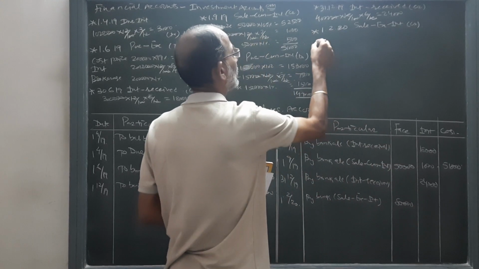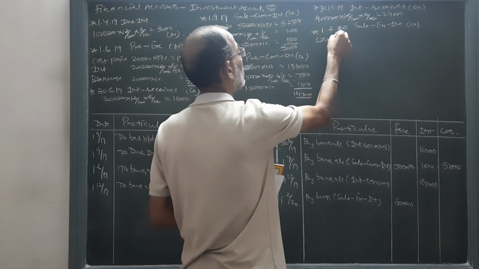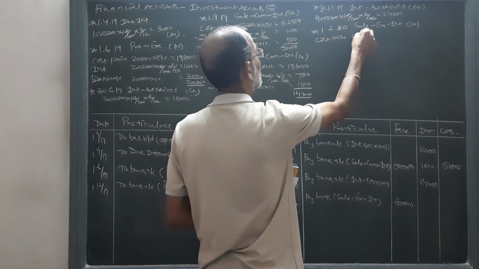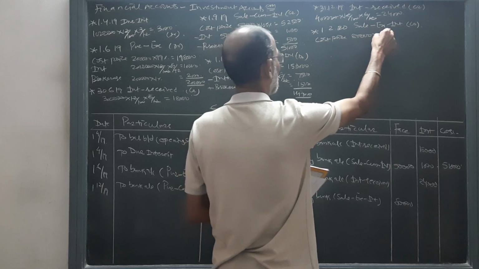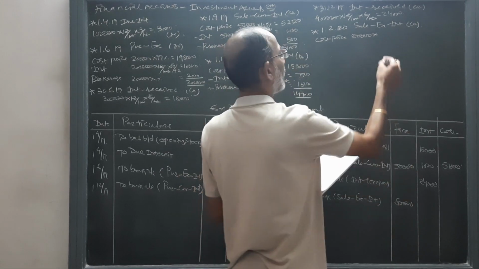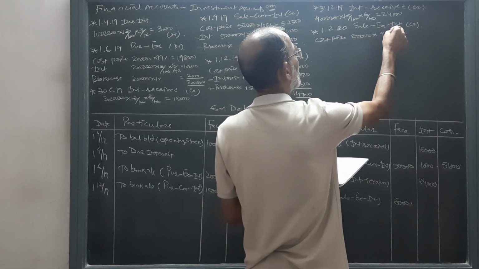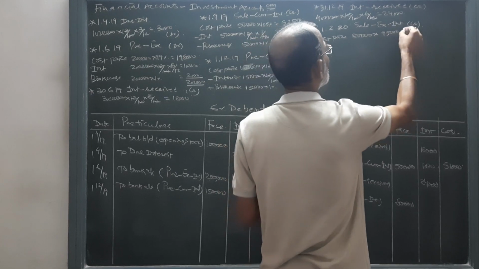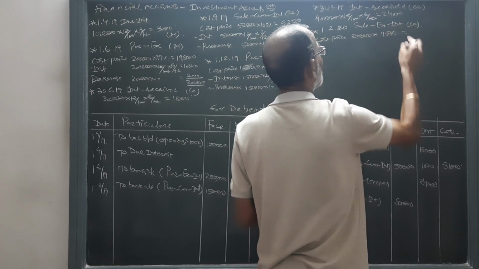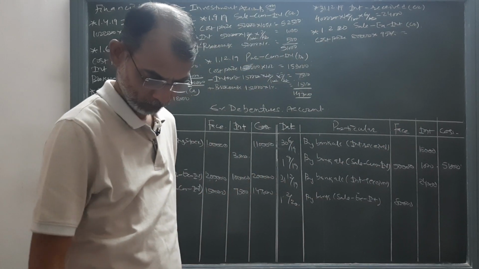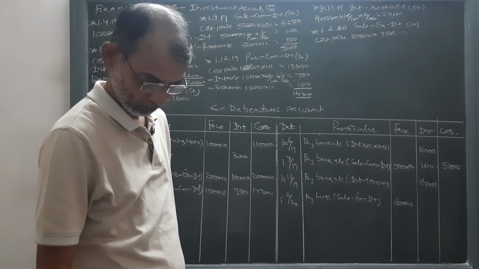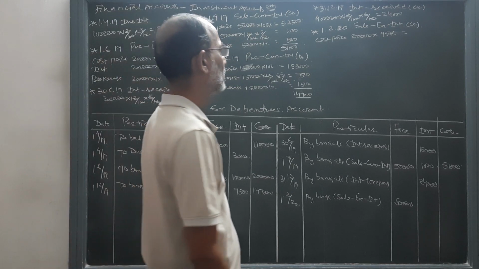Now cost price of this will be 80,000 into 95 percentage, which is 76,000.